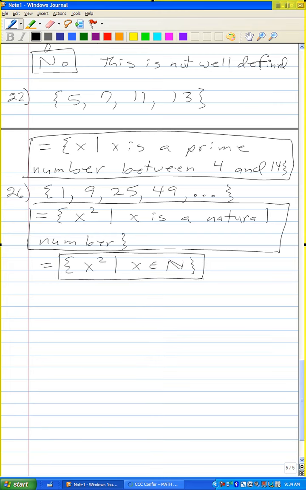Wait, 1, 3, 5. Odd natural number. It's an odd natural number, not any natural number. Because it's 1 squared, 3 squared, 5 squared, 7 squared, where x is an odd natural number.